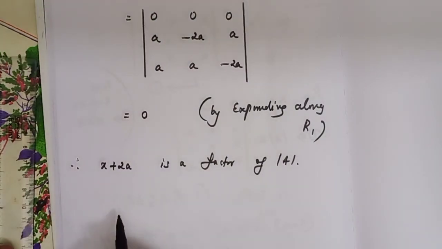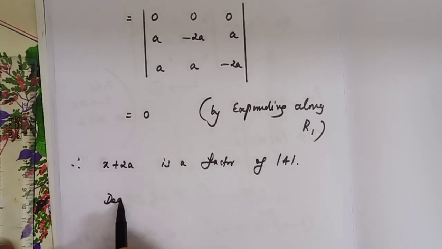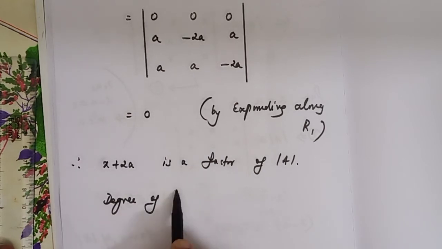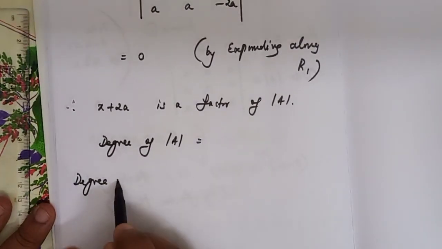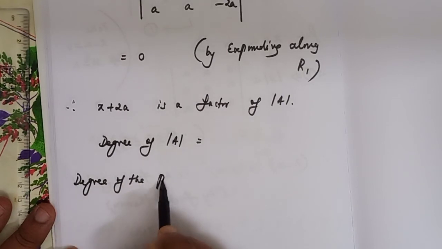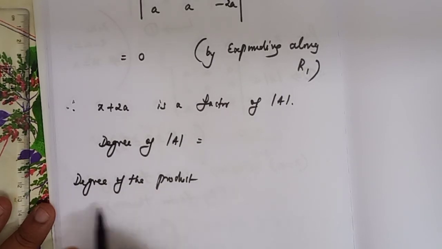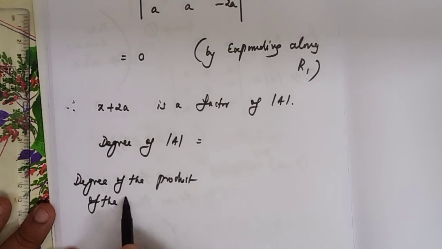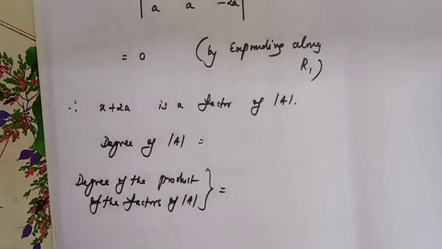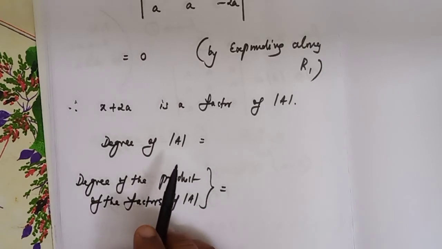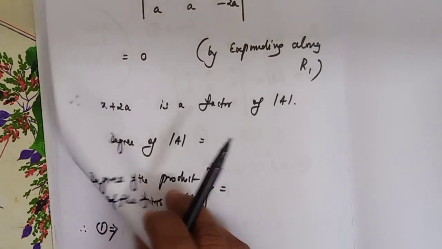The next step, you have to write the degree of determinant of A and the degree of the product of the factors of determinant of A. How to find the degree of determinant of A?